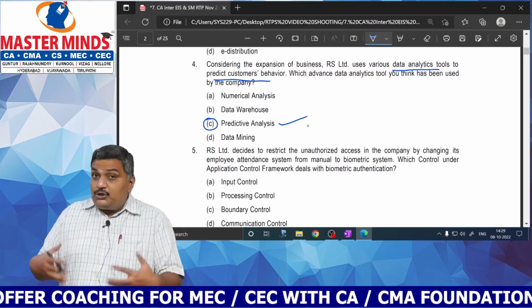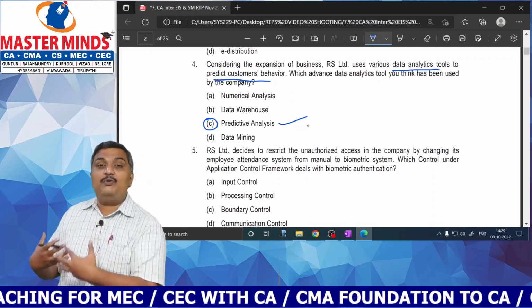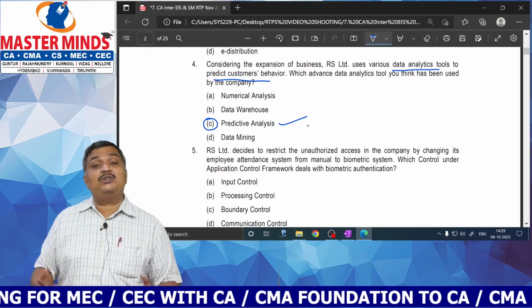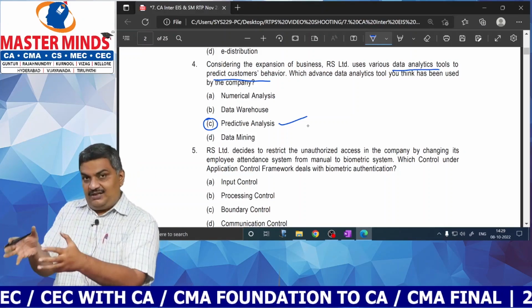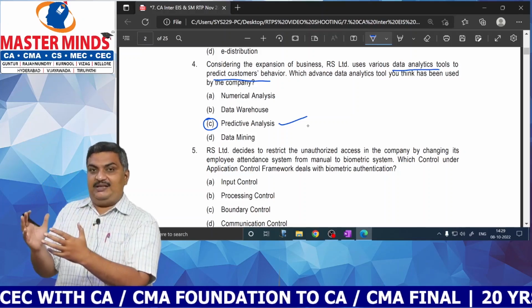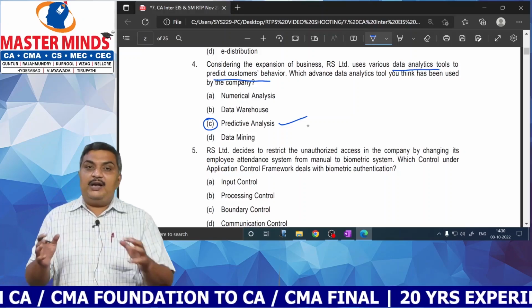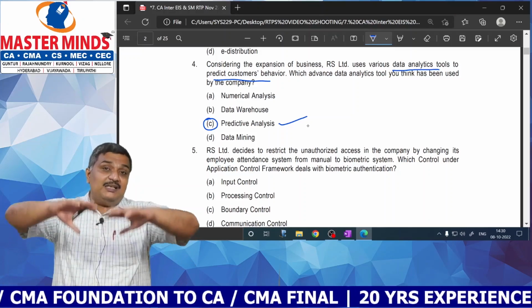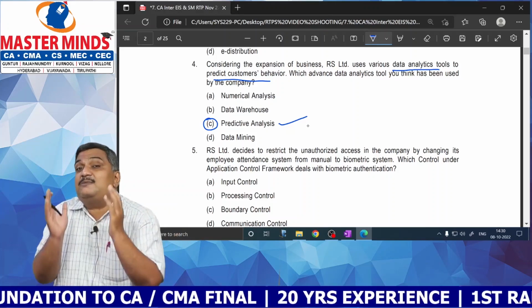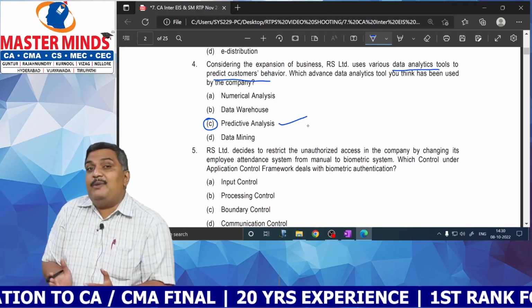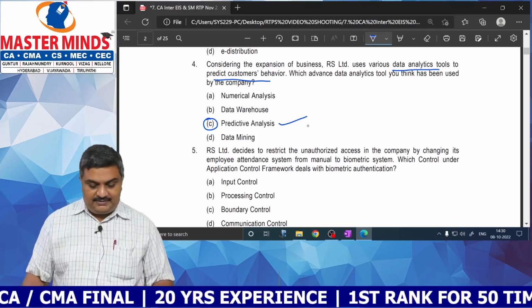And if you want to know what will be the future trend, that will be called predictive analysis, because here we are making a prediction. We are trying to predict in what way the consumer thinks. So that comes under predictive analysis. It is not data mining. Of course, data mining is a larger term, but here we have been asked specifically. If we have been asked specifically, the answer is predictive analysis.